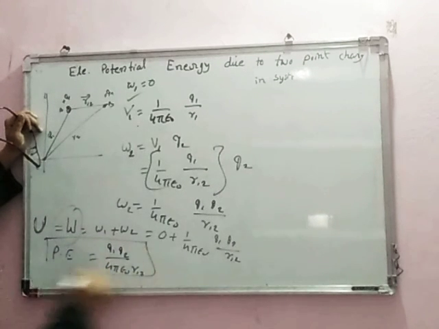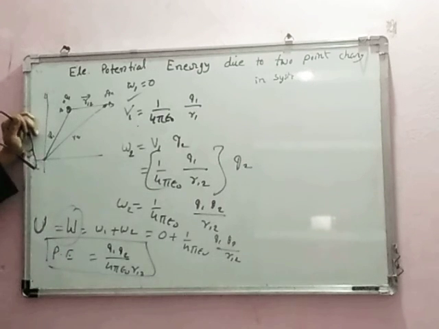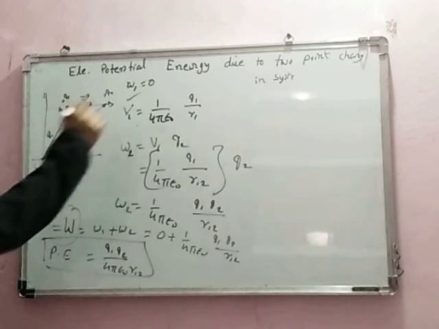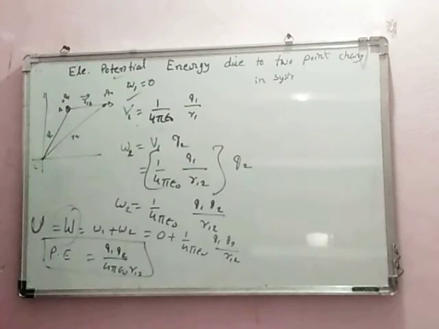This is the equation of the electric potential energy due to point charges in a system, due to only 2 point charges. Similarly, for a number of point charges we will see in the next video.